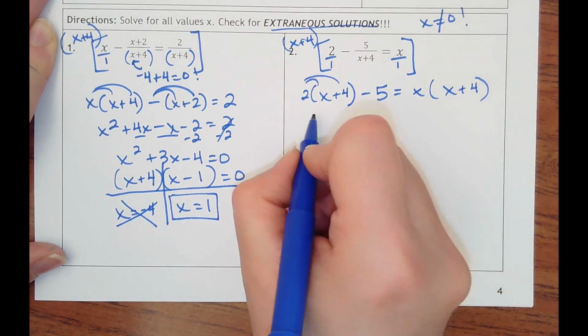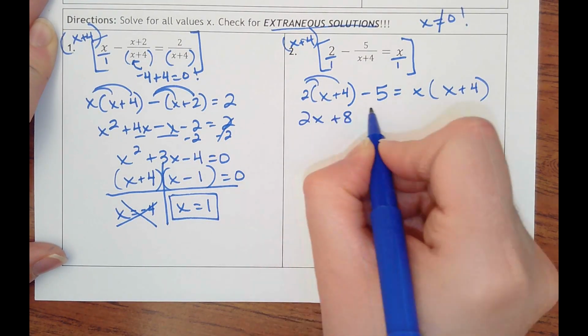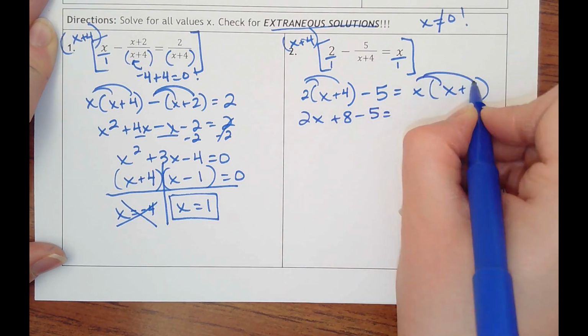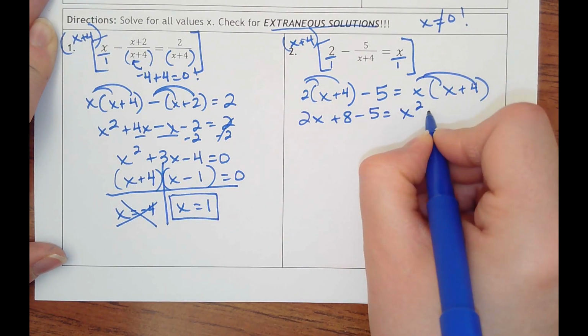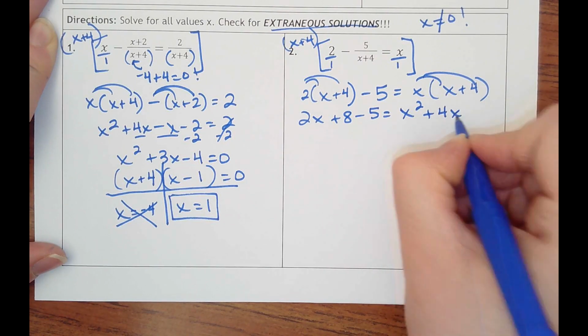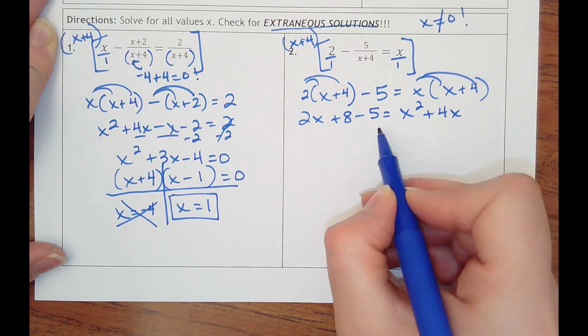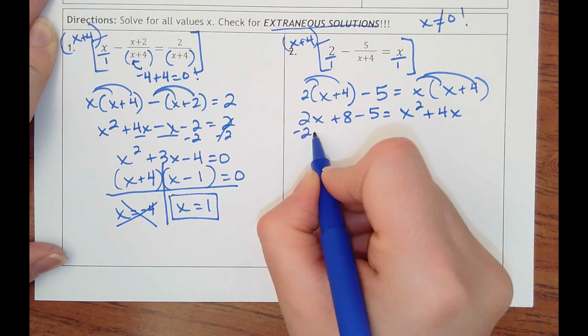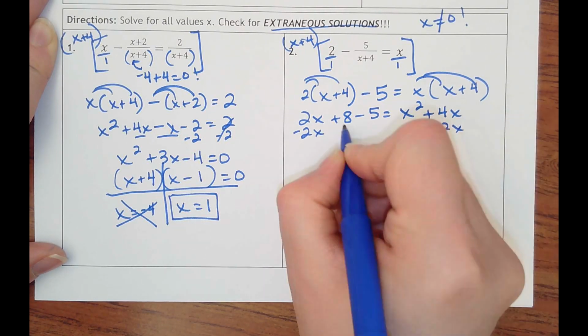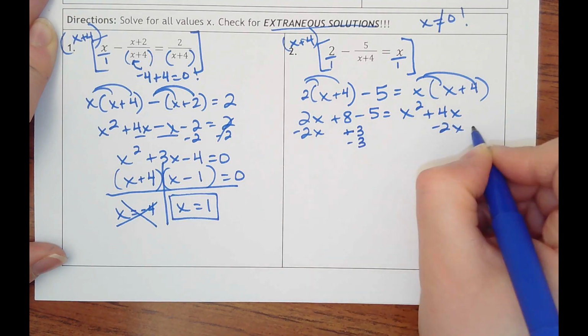Distribute. That's 2x plus 8 equals x squared plus 4x. Since x squared's here, I'm going to move everything over, so that's going to subtract 8 minus 5 is positive 3, but then I'm going to subtract it as well.